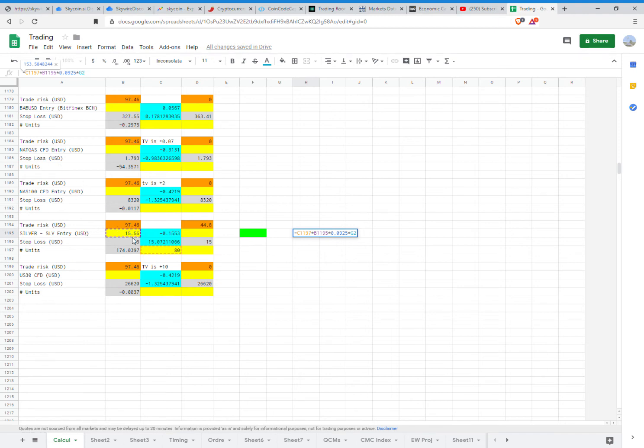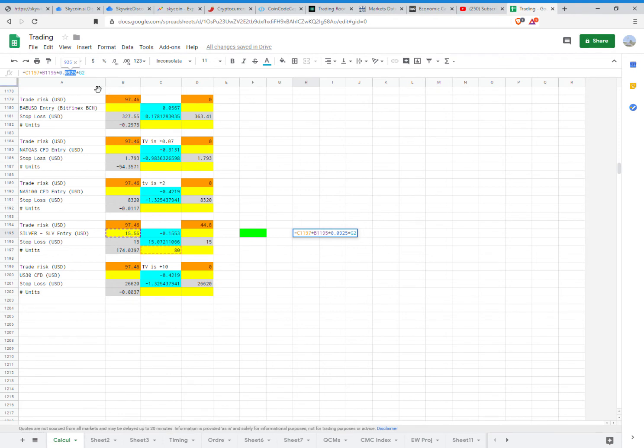But the percentage of margin that I need for this specific market on my broker is 9.25%. Actually, I know I did a mistake because I was considering silver CFD on my broker and not the SLV on my other broker. But regardless, you get the idea.